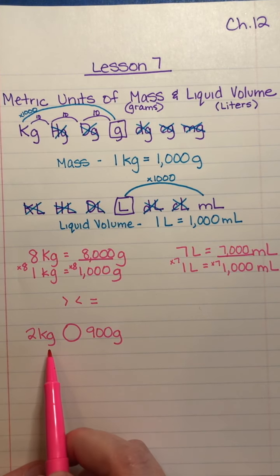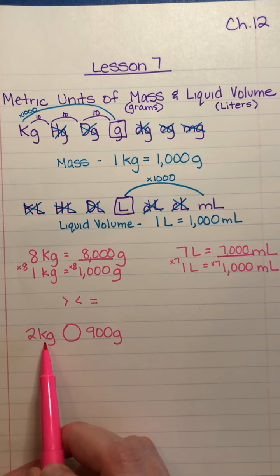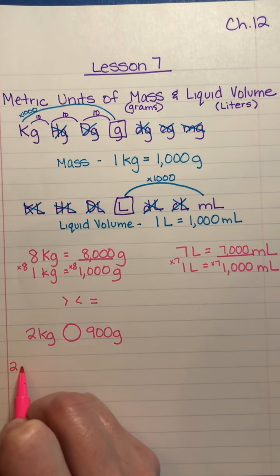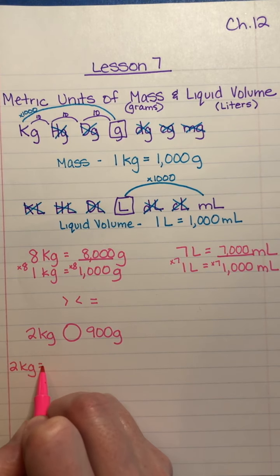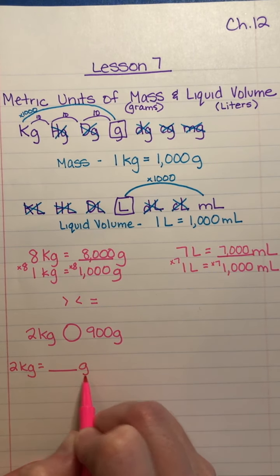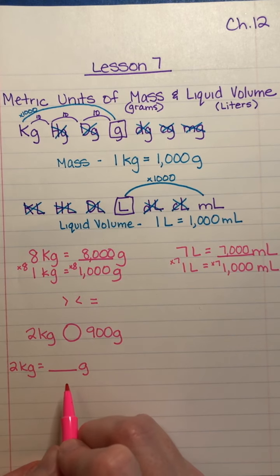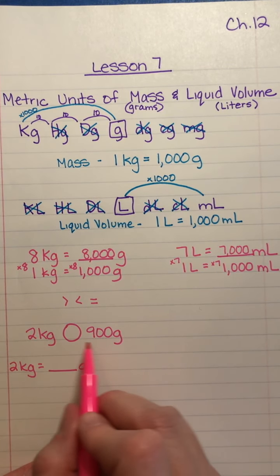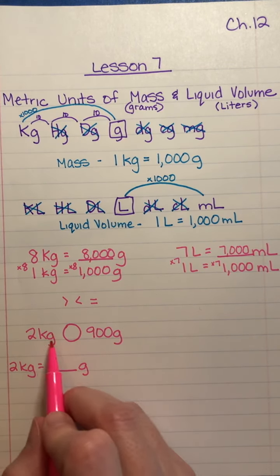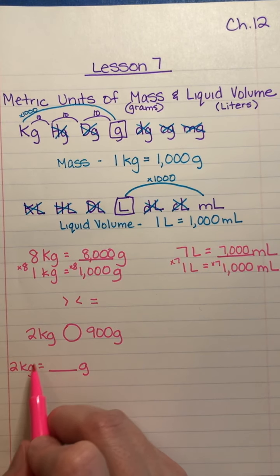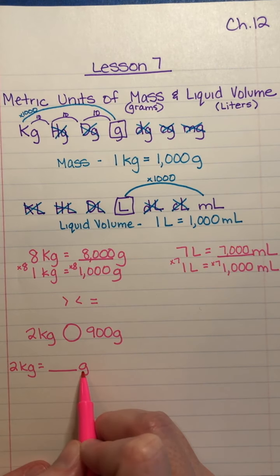I'm going to take that larger unit, which in this case is kilograms, and I'm going to convert it to grams, just so I can be sure which one is larger. I can't make an accurate comparison if I'm looking at 2 different units of measure. So that's really why I want to change those kilograms into grams.